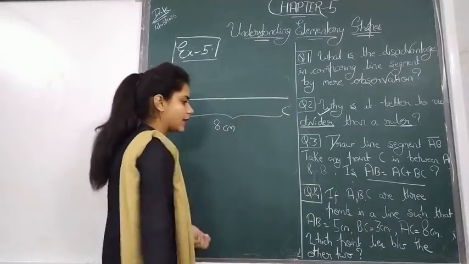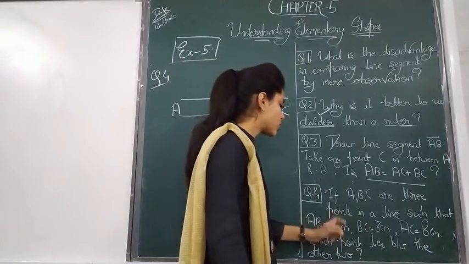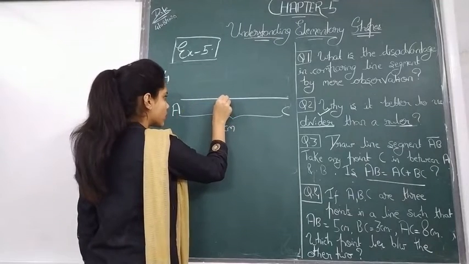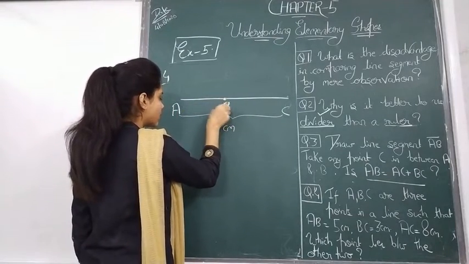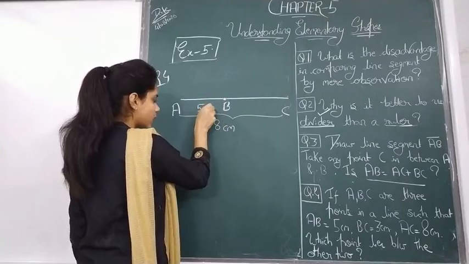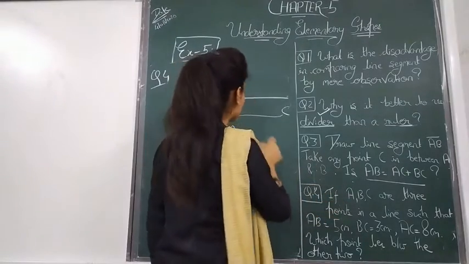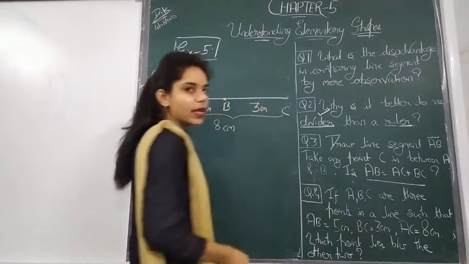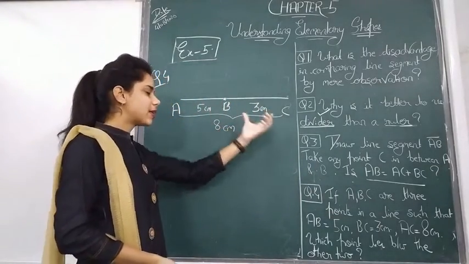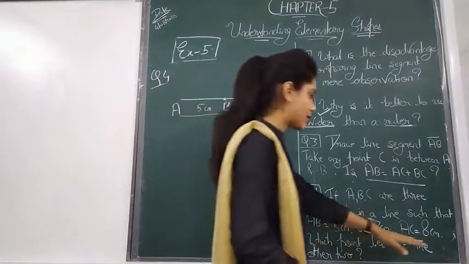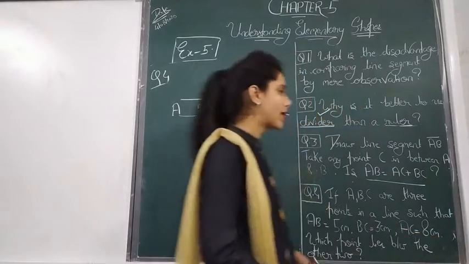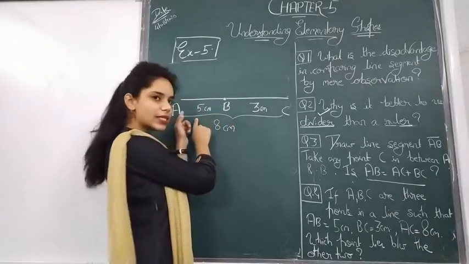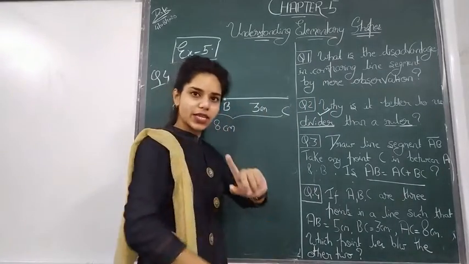Now AB equals 5 centimeter. Suppose this is B, 5 centimeter, and BC is 3 centimeter. I draw this AC because it is of highest length, 8 centimeter, and this AB is 5 centimeter, and this BC is 3 centimeter.